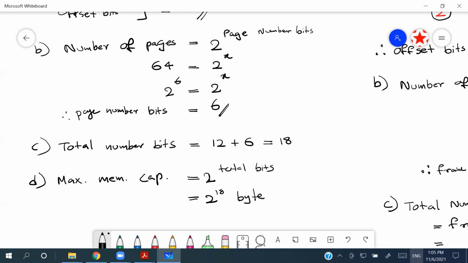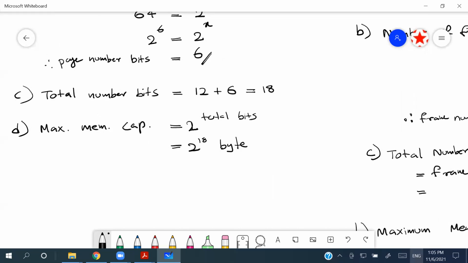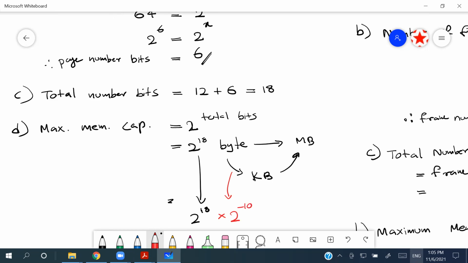Now we need to convert the bytes into megabytes. So the conversion comes like bytes become kilobytes and kilobytes become megabytes. 2 to the power 18 can be taken as 2 to the power 18 the same way. And from bytes to kilobytes, we need 2 to the power minus 10. And from kilobytes to megabytes, it becomes 2 to the power minus 10.